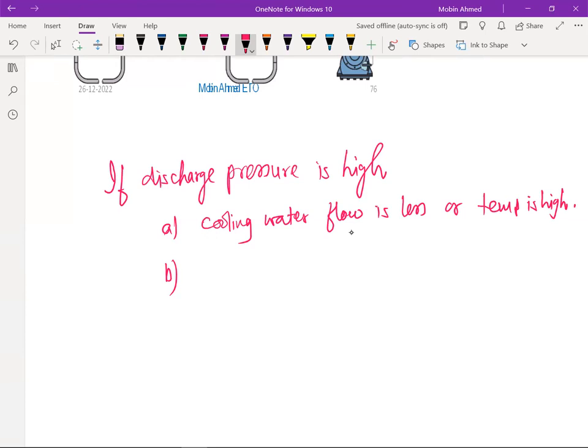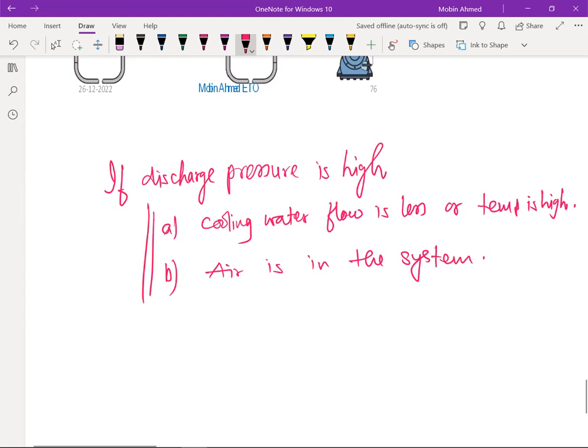Next, if air is in the system, meaning the AC or refrigeration system, then also your discharge pressure is going to show more than what it is supposed to be. Now, how to check this?